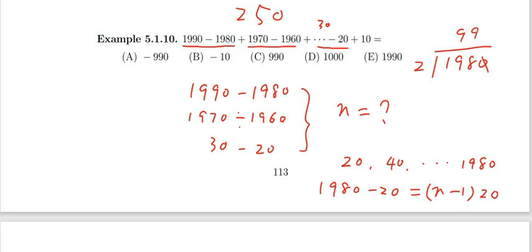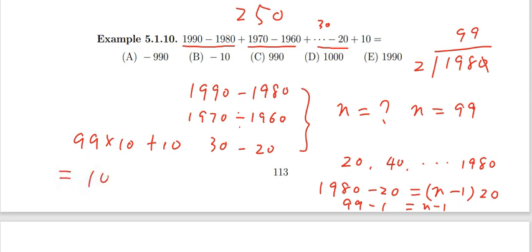So this divided by 20 becomes 99 minus 1 equals n minus 1. So n equals 99. Okay, so we have 99 for this term. So this equals 99 multiplied by 10 plus one more 10. So this equals 99 plus 1, 100 times 10, 1000.